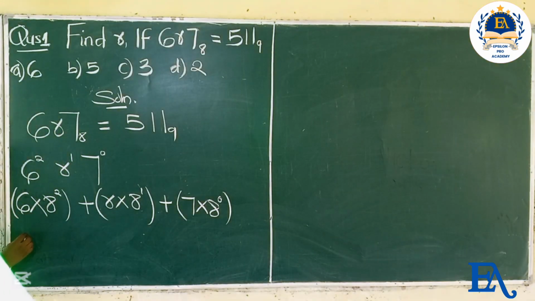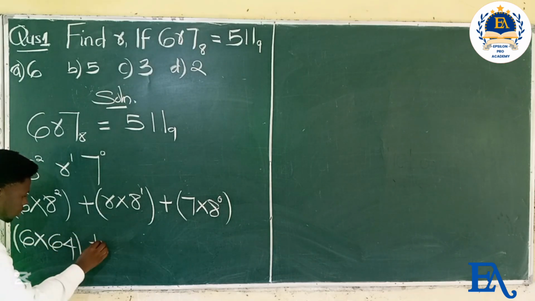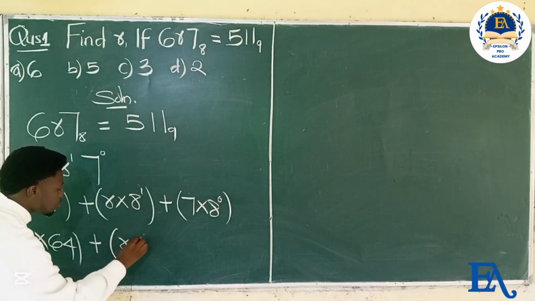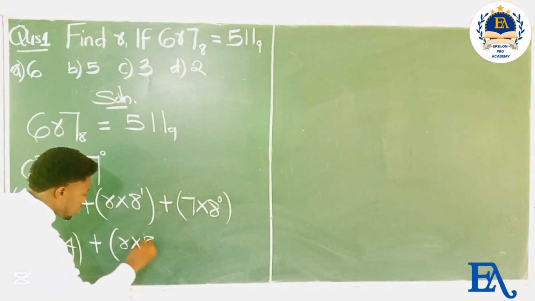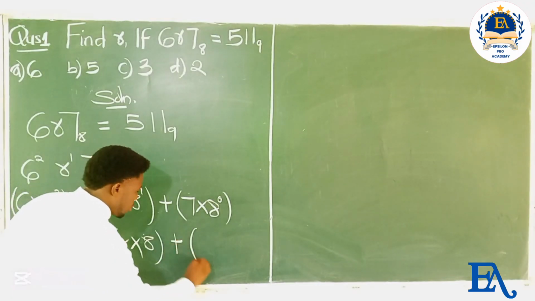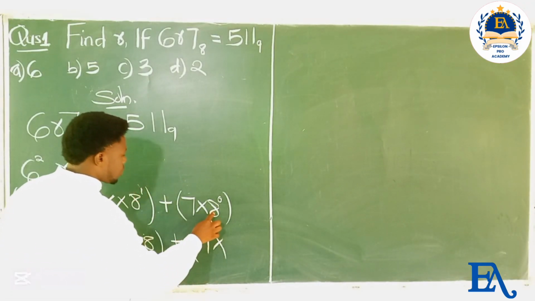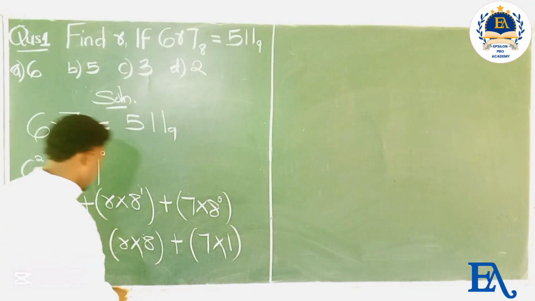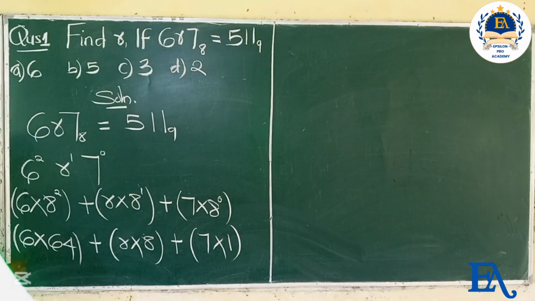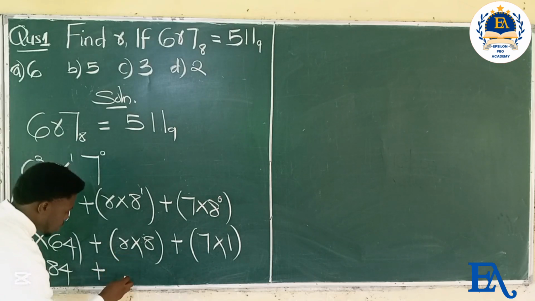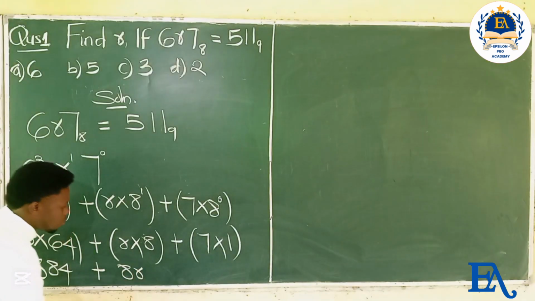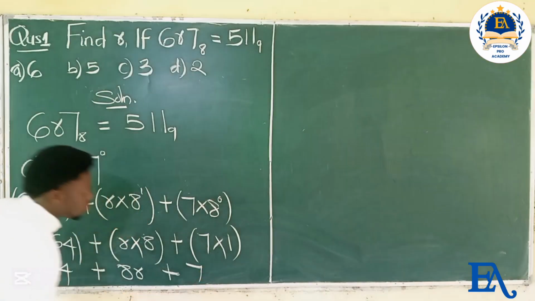Alright, so from here we have 6 times 8 raised to the power of 2, which is 64, plus R times 8 raised to the power of 1, which is 8, plus 7 times 8 raised to the power of 0, which is 1. So we have 6 times 64 gives 384, plus 8 times R gives 8R, plus 7.